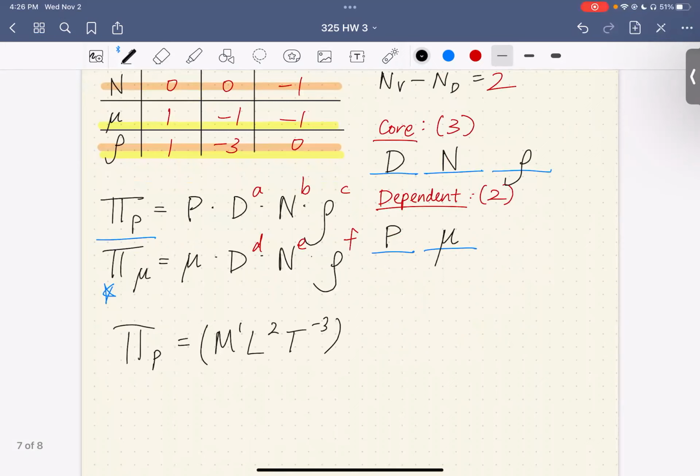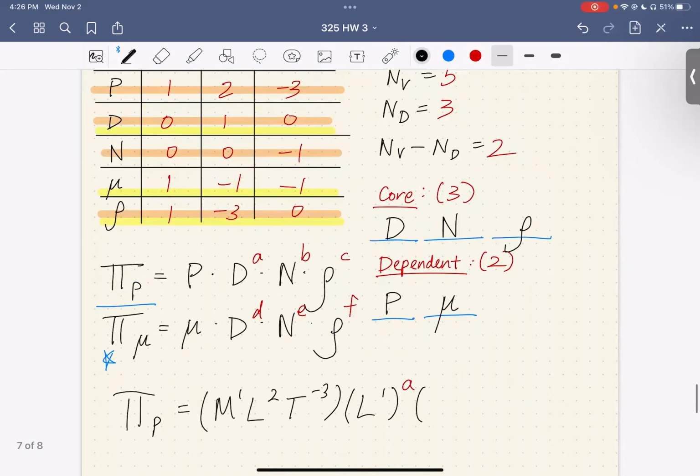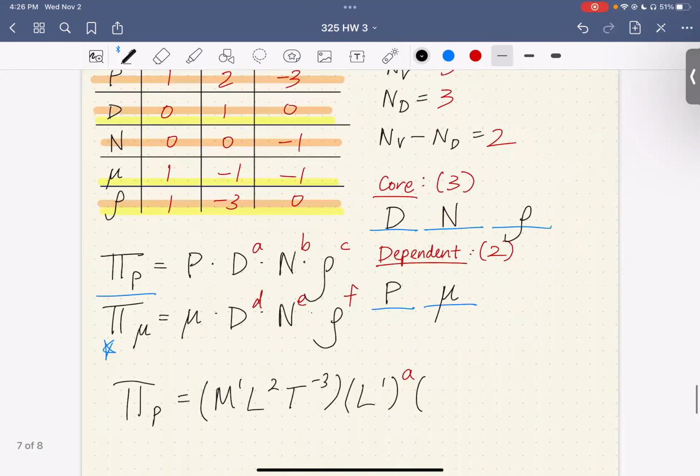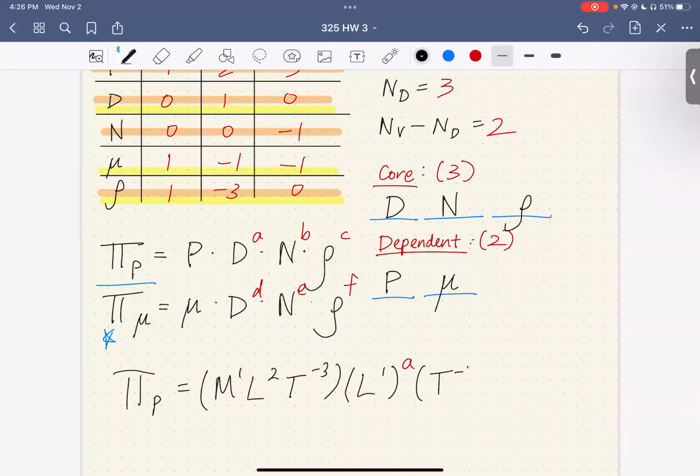Then we have diameter, L, and then we have A. We have to be very careful here that we're copying everything over correctly. And then D, just a D, we have N, which is T to the negative 1, it's B. And then what do we have? We have C, which is rho. Rho is M to the 1, L to the negative 3, and then C.